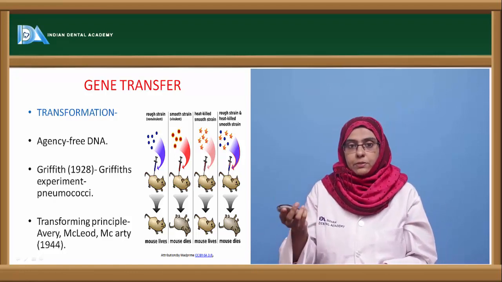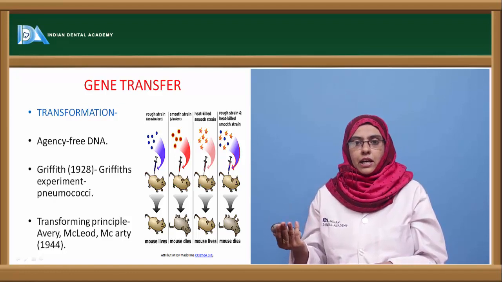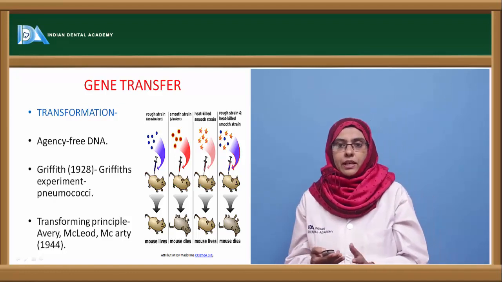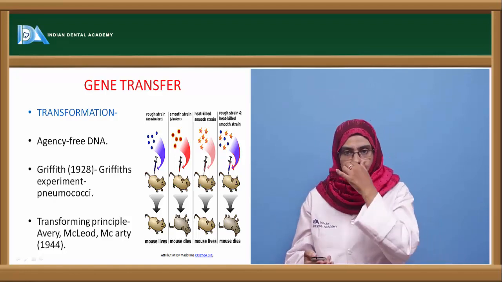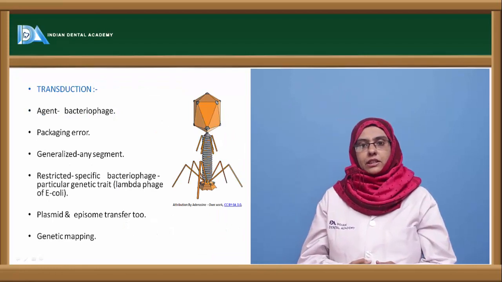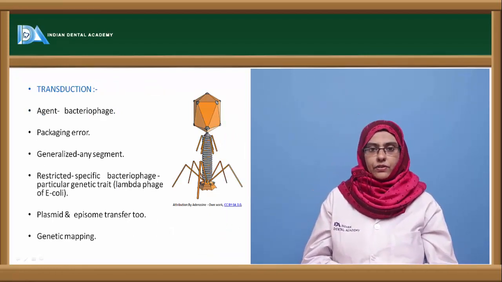So this is the first type of recombination, where certain bacteria can show recombination of bacterial genes. Combination of two different types of genes can take place by transformation. And next is transduction. Transduction is the recombination mediated by bacteriophages.